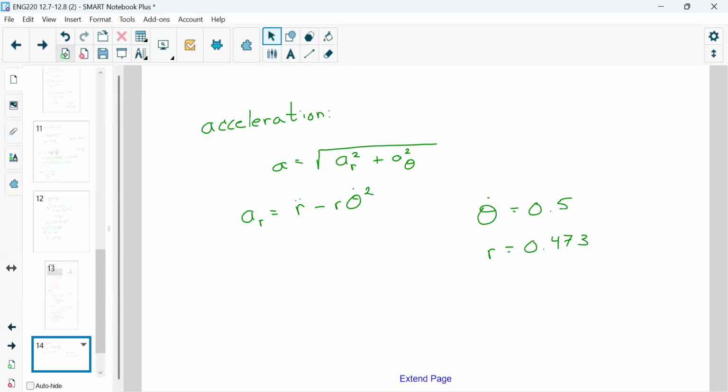Our r dot equals negative 0.2 sine of theta times theta dot. r double dot is then going to be negative 0.2, and that's going to become a cosine, isn't it?